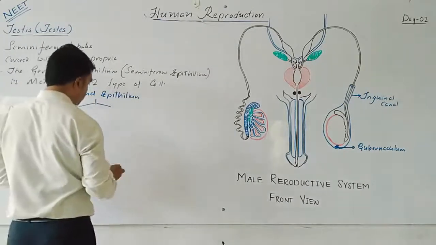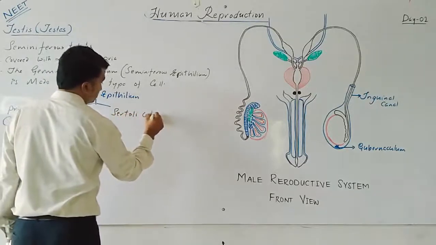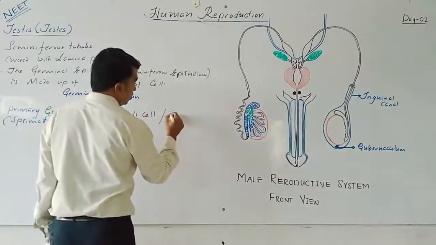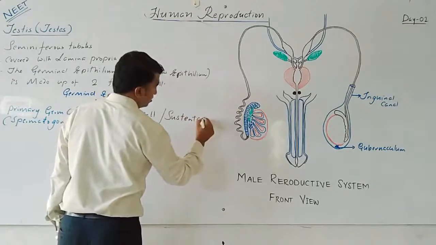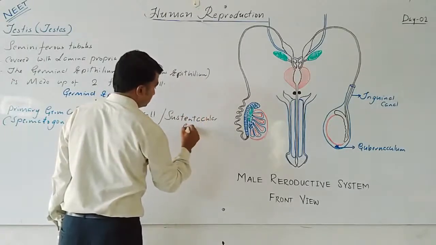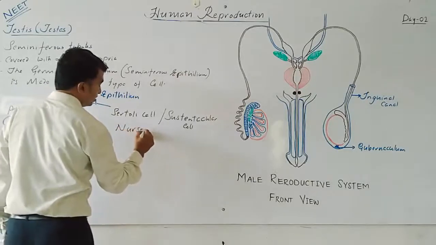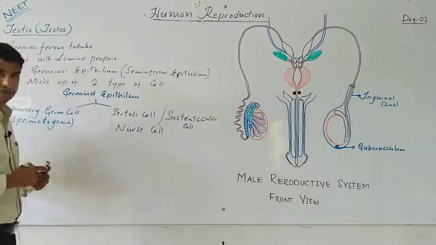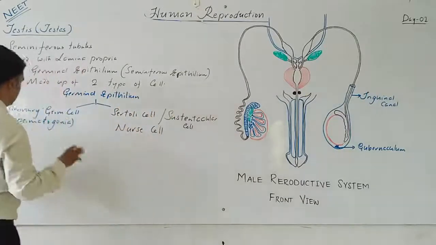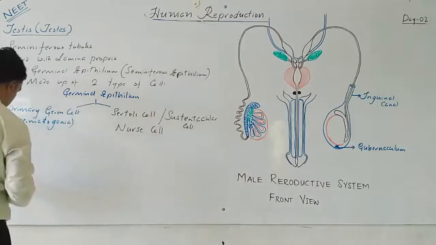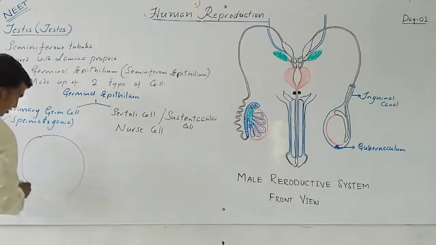The second one is the important cell, that is the Sertoli cell, also called the testicular cell, or the nurse cell. So, Sertoli cell, testicular cell, or nurse cell. Now this is one tubule in the testis.